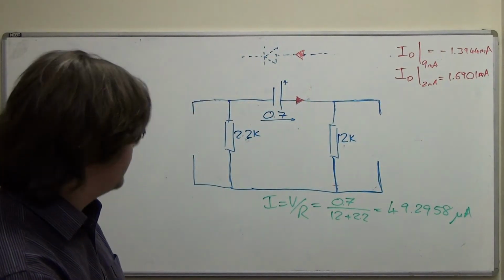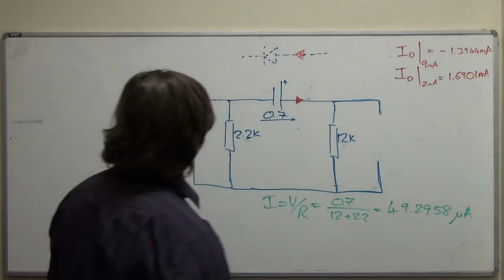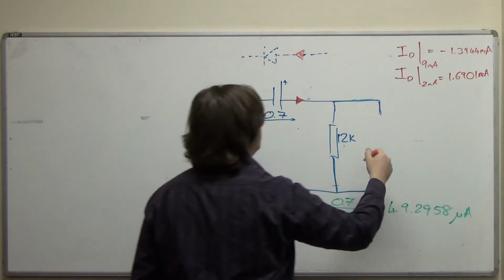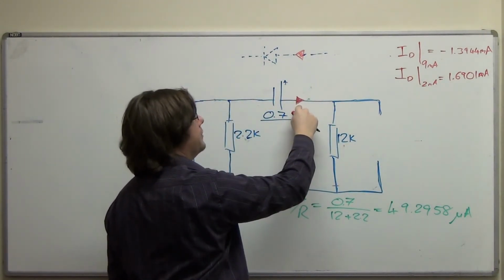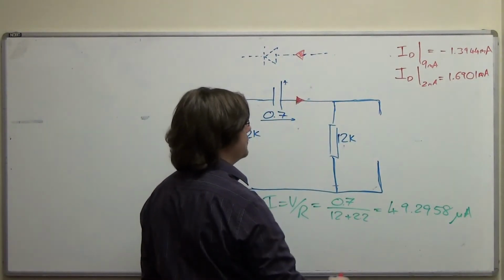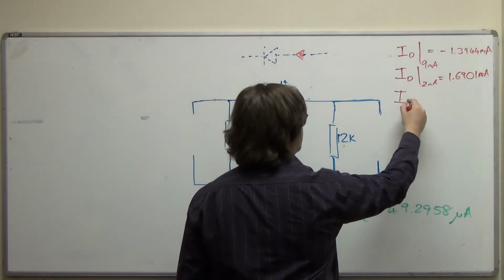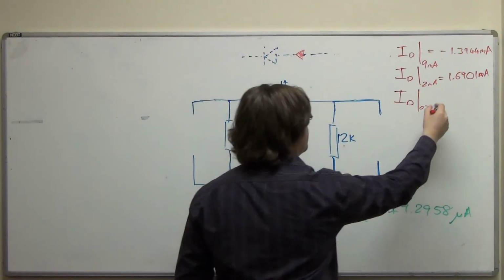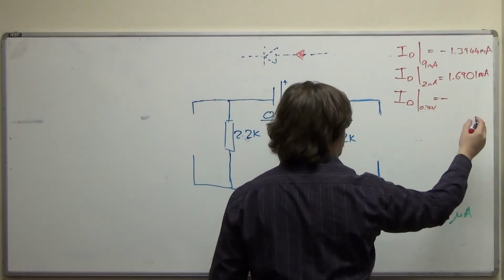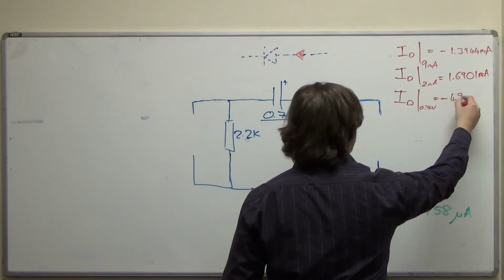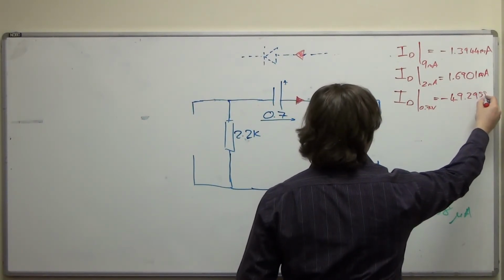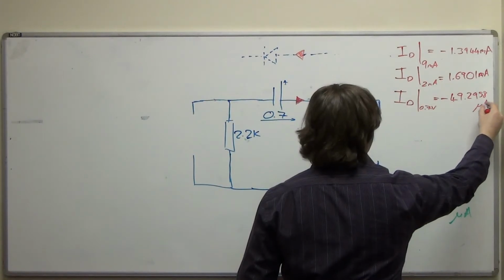Righto. Well, then I can write that up. And the only thing I've got to worry about, of course, is the other way. So from this one, this is minus as far as our signing is concerned. So ID due to the 0.7 volt source is minus 49.2958 microamps.